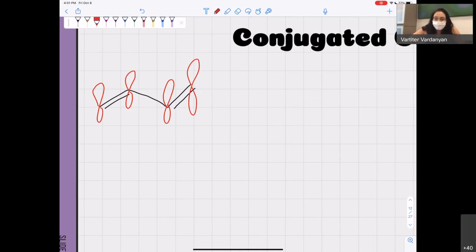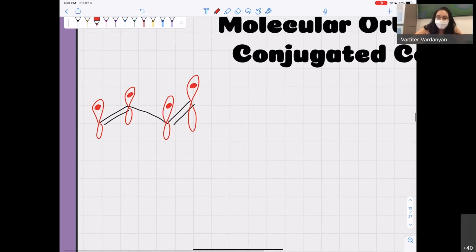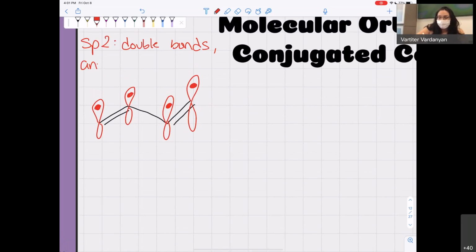So the biggest thing you have to know about molecular orbital theory is we are focusing on the p orbitals. So we're specifically looking at sp2 hybridized carbons. So I will just recap: sp2 is going to include double bonds, anions, cations, and radicals.